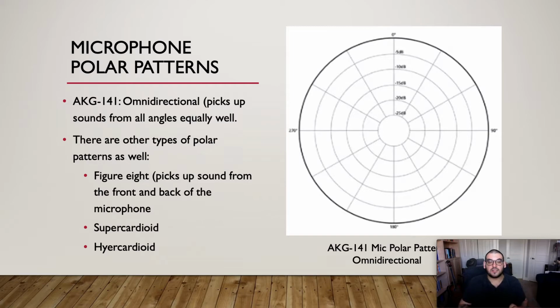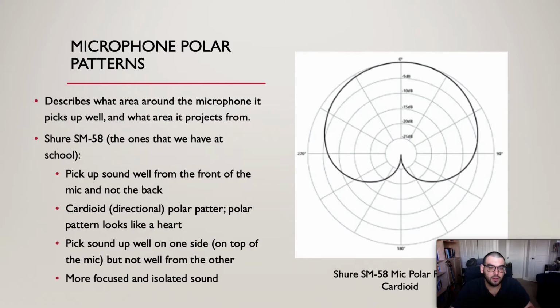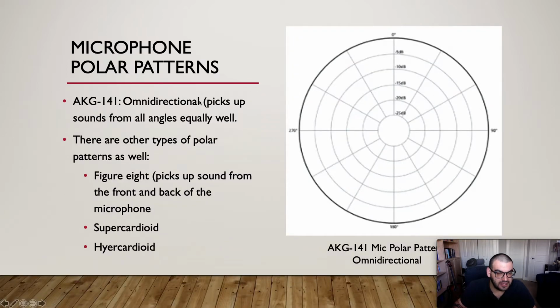Now, if we take a look at the AKG 141, or the Scarlett Studio condenser microphone, we call this omnidirectional. So if you take a look again, we have directional or cardioid and omnidirectional. So coming from all angles. There is no true polar pattern designated here.